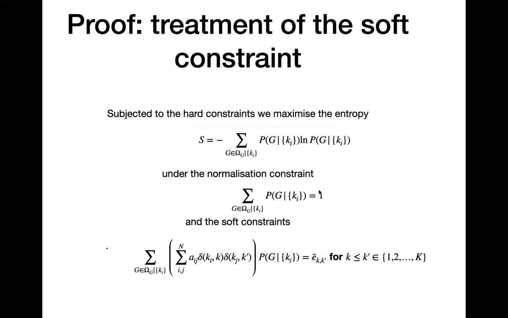So we have the constraint that this probability of the network given the degree sequence is normalized, and we have a set of soft constraints enforcing the expected number of links between nodes with degree k and nodes with degree k prime.